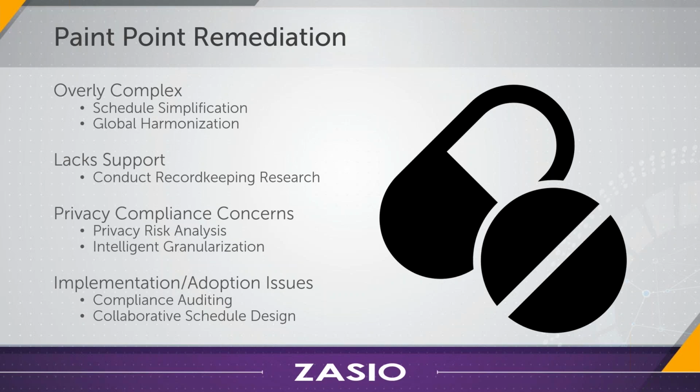Okay, the next big pitfall is that your schedule lacks legal support because your list of record-keeping citations is either non-existent or outdated. So to remedy this, you need to do homework and record-keeping research of the sort that we just discussed. It's usually a good idea to refresh on a regular basis. If you have the resources and the time, the best practice would be to refresh your record-keeping citations every 6 months or so.